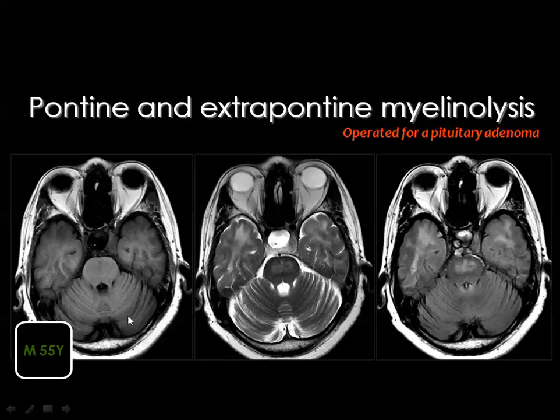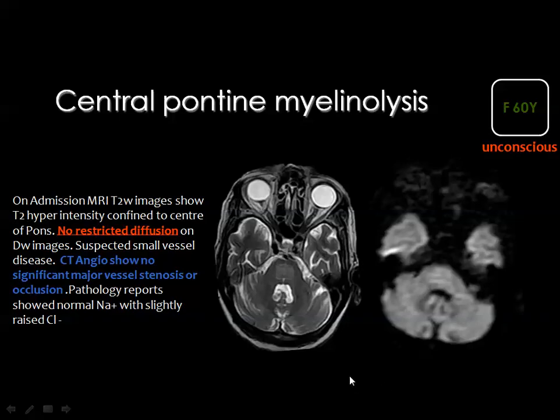On the axial MRI T1 weighted image, you see that the lesion is not apparent. In the T2 weighted image, you see a high signal intensity in the central part of the pons, which is also appreciated in the FLAIR image. If you look carefully, you see changes in the temporal lobe, and this means that you are dealing with pontine and extrapontine myelinolysis.